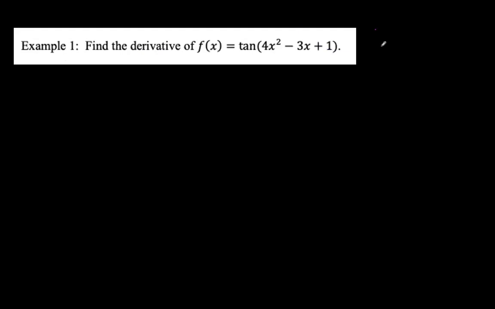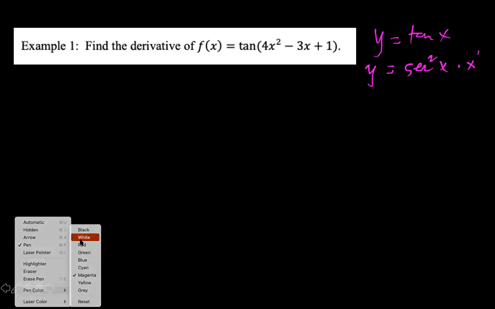The given here is y is equal to tangent. Let's just remember our formula here: y equals tangent has derivative secant squared x times x prime, just to make it simpler. Let me change the color of my pen to white.